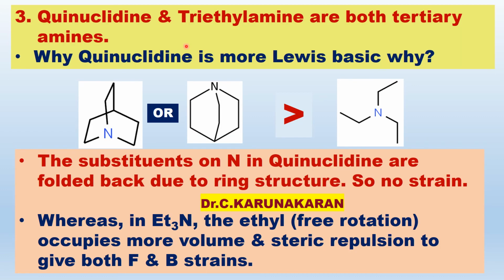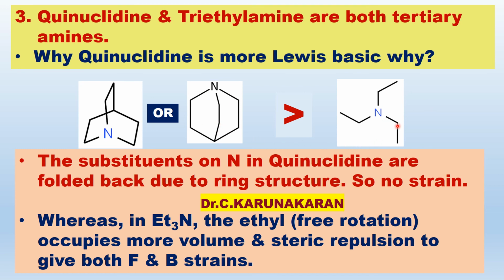Let us take another question commonly asked in competitive exams. Quinuclidine and triethylamine are both tertiary amines. Then why is quinuclidine more basic? This is the structure of quinuclidine, a bicyclic compound.